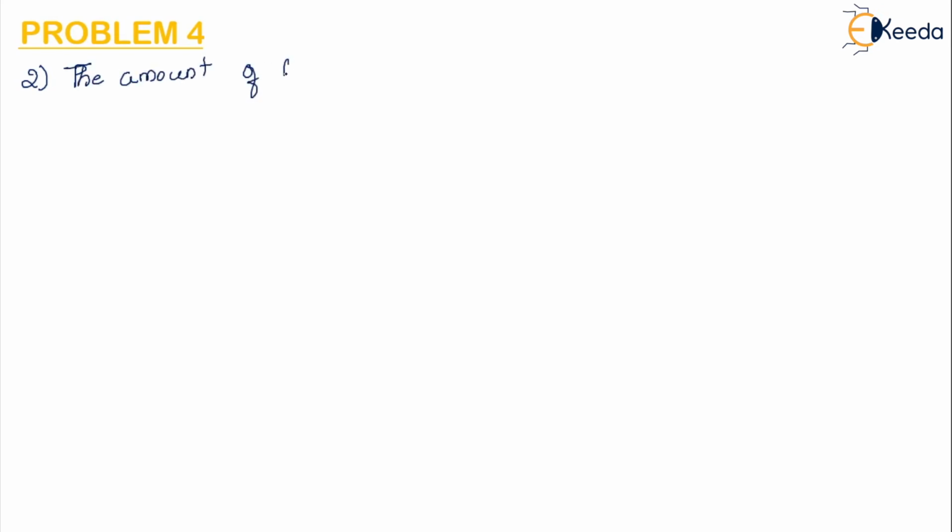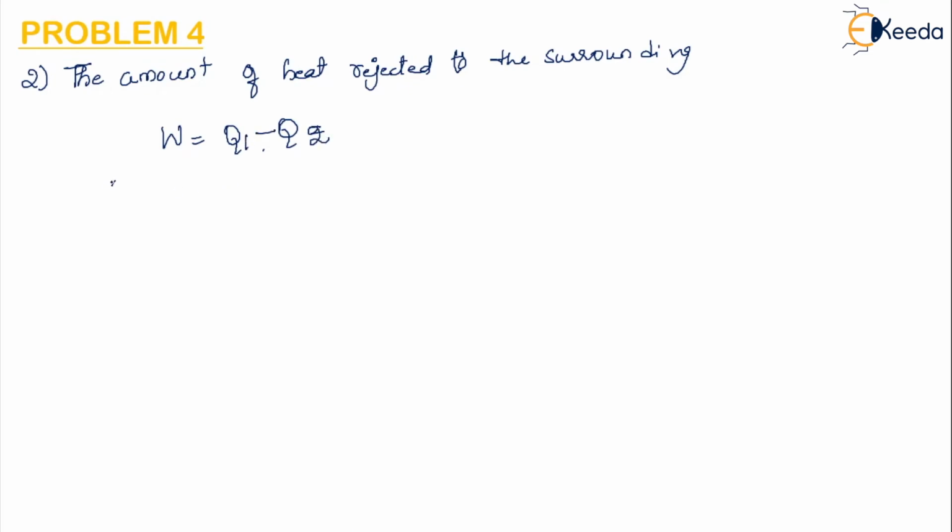Now the next thing which they are asking us to calculate is the amount of heat rejected to the surroundings. So W is equal to Q1 minus Q2. Therefore, the W value we know, 3.333, is equal to Q1 minus 6.